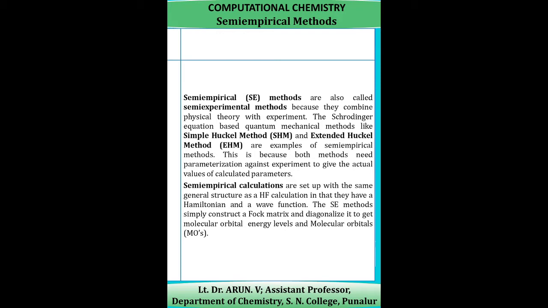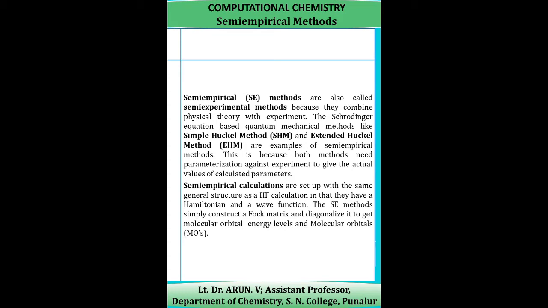This is because in these two methods, that is simple Huckel method and extended Huckel method, we need a parameterization against an experiment to calculate the parameters related to a particular geometry. Semi-empirical calculations are set up with the same general structure as that of Hartree-Fock calculations.